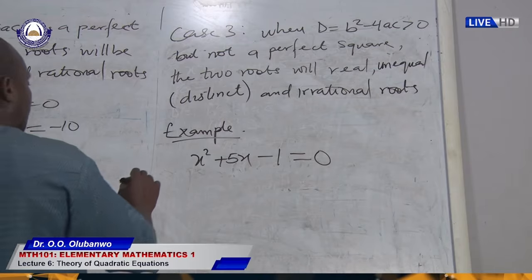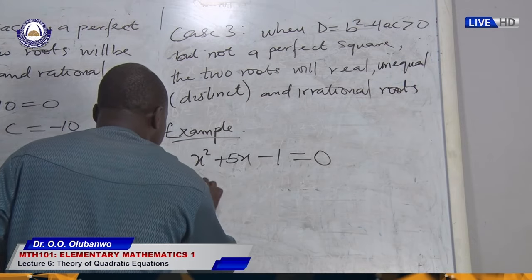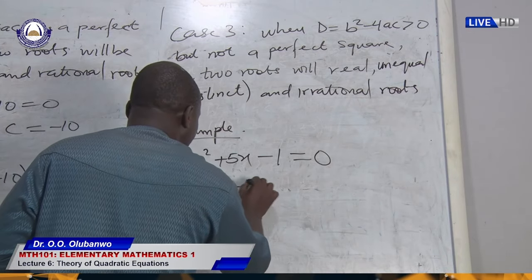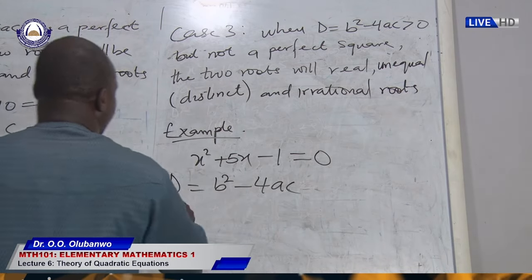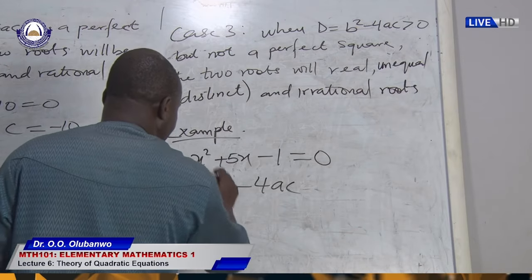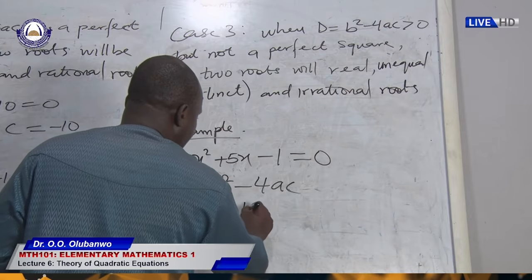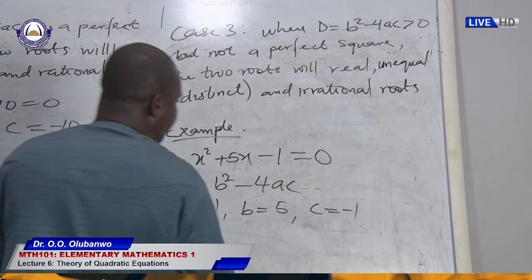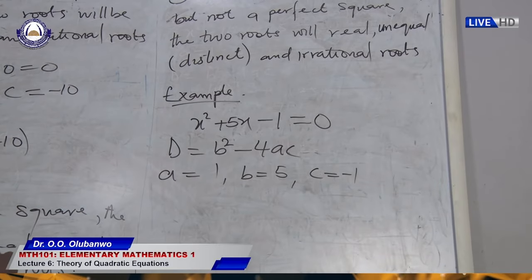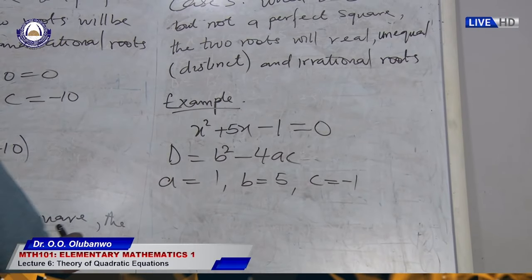Now, our discriminant is b squared minus 4ac, where our a is 1, b is 5, and our c is negative 1. Let's compute.